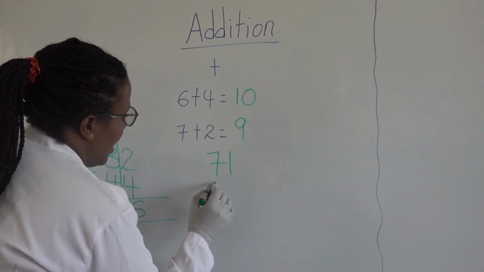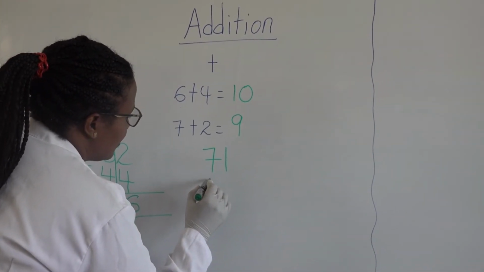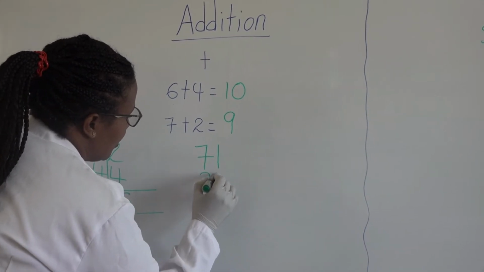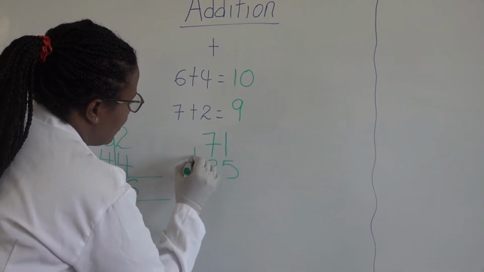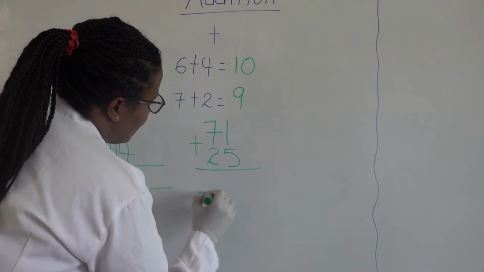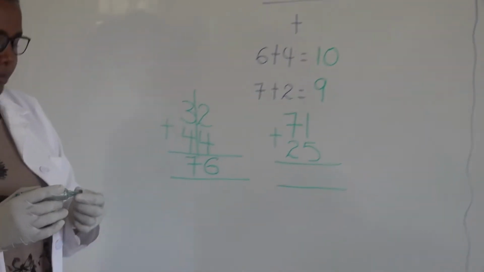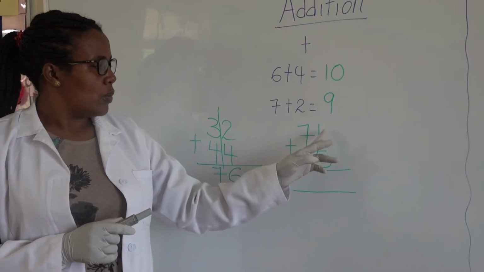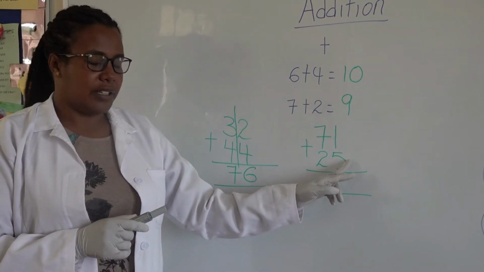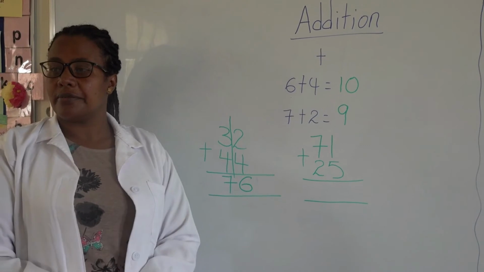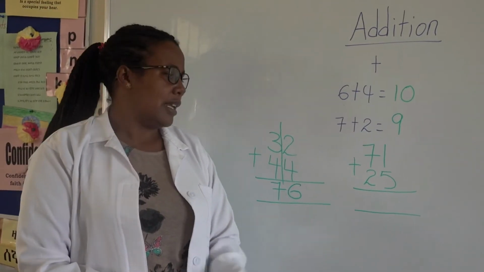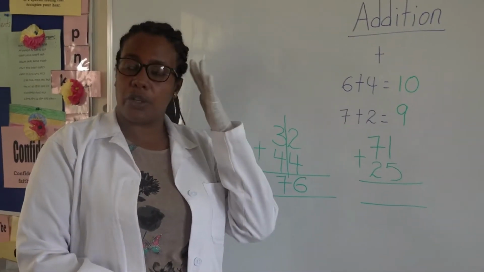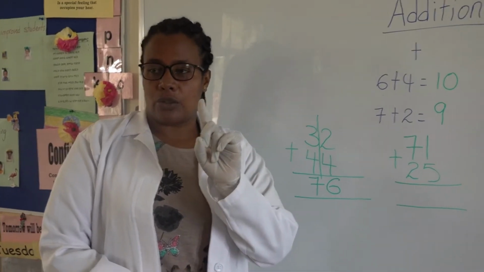71 plus 25. Now, let's add 1 and 5 for here. So which one is the big number? Excellent. 5 is a big number. So put in your mind 5, take out 1.